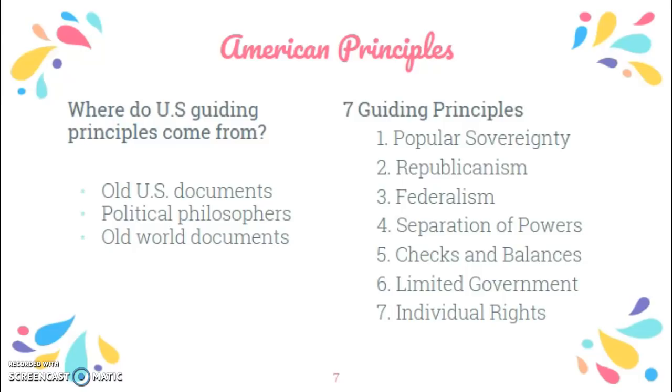We have popular sovereignty, republicanism, federalism, separation of powers, checks and balances, limited government, and individual rights. These 7 principles help drive decision-making within the United States. Now, those who are making the decisions end up being those who are a part of the executive, legislative, and judicial branch.